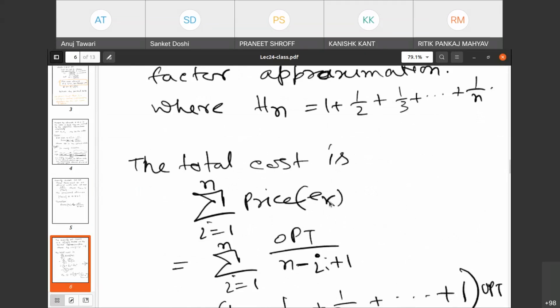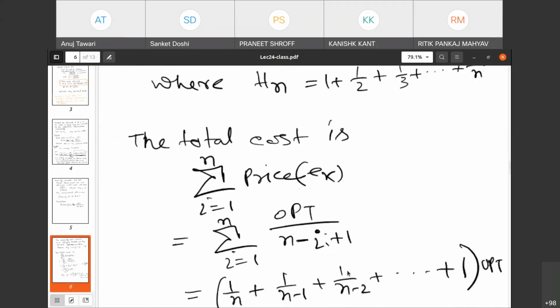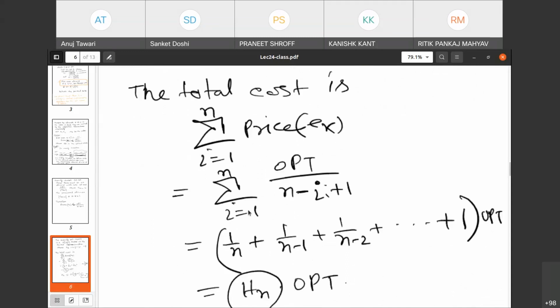And this is upper bounded by opt by n minus i plus 1, summed from i equal to 1 to n. So it turns out to be this summation, which is 1 by n plus 1 by n minus 1, 1 by n minus 2, and so on up to 1, times the opt.